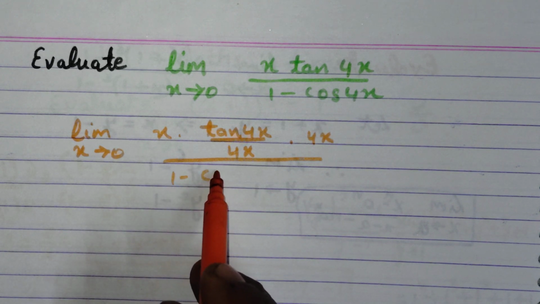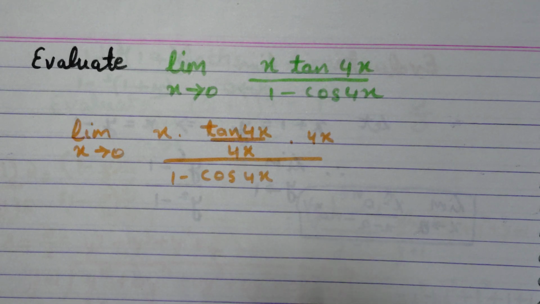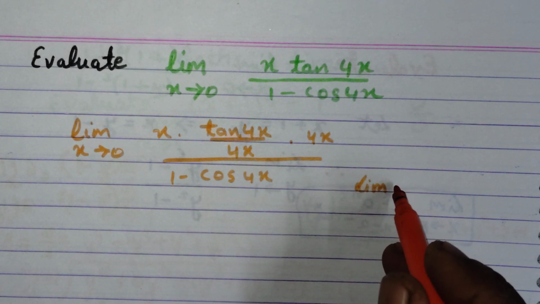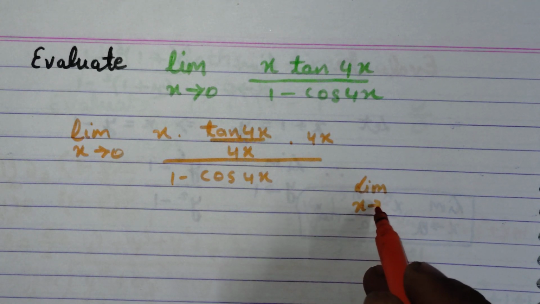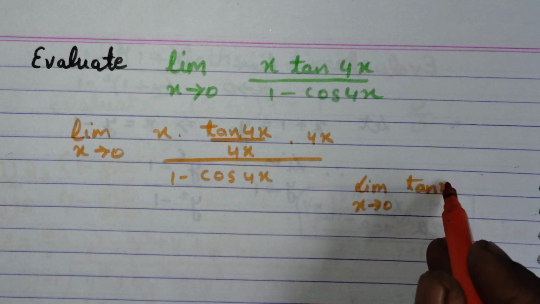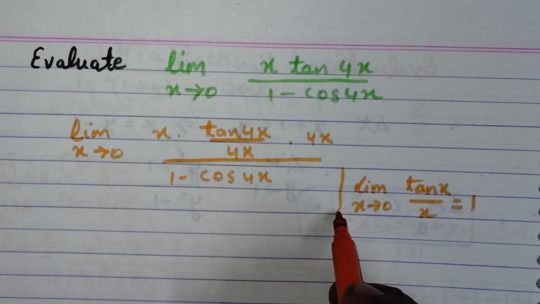We use the identity that limit x tends to 0, tan x upon x, its value is 1.